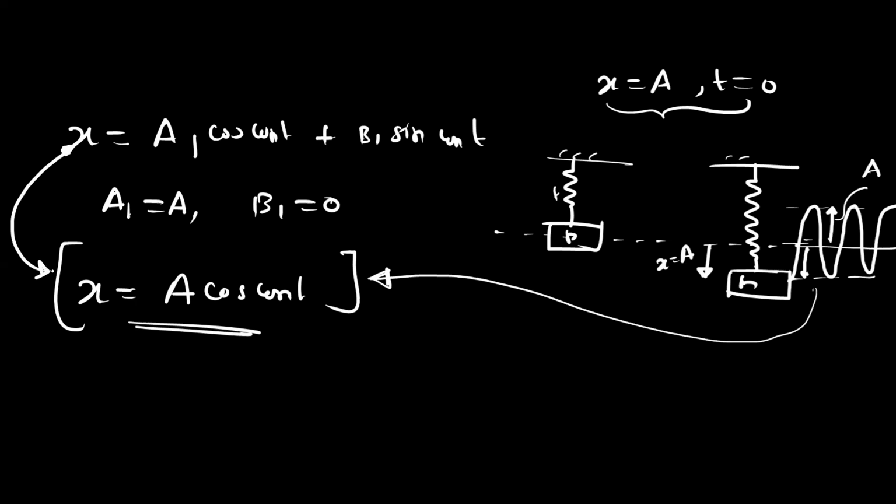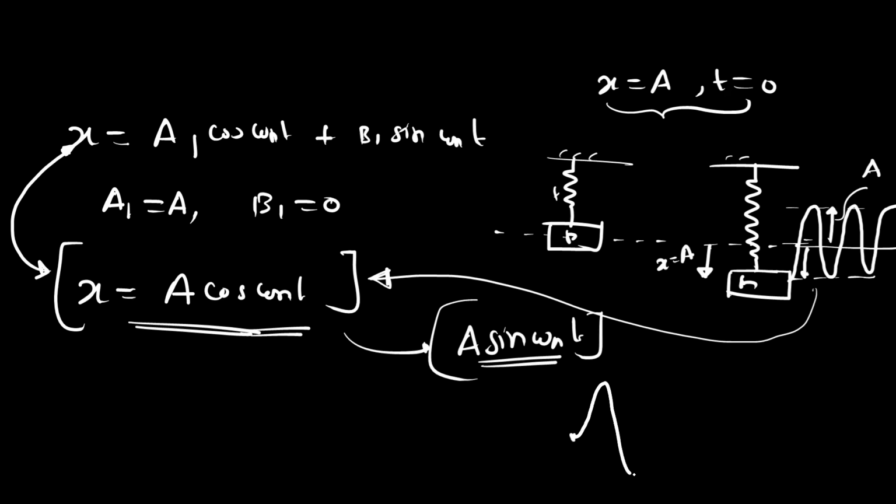So the question is, how do we get the sine equation, because this is a cosine equation? Sometimes we will get the equation A sine omega n t. I will explain in the next lecture how we get the equation A sine omega n t. This equation we will get if the waveform starts from the mean position only.